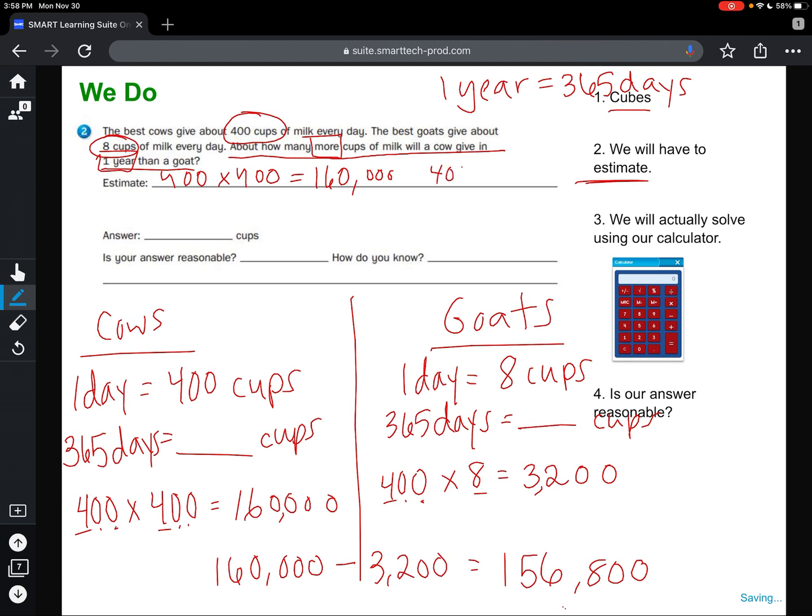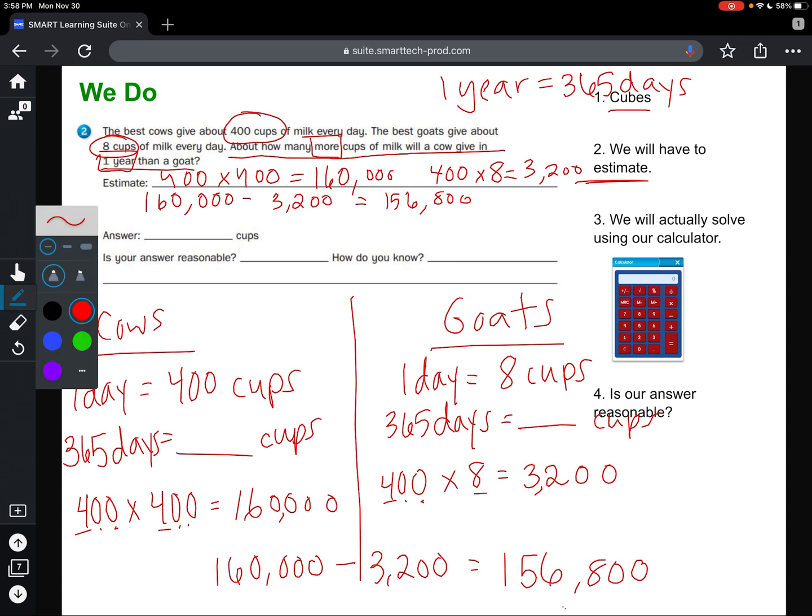Then I did 400 times 8 equals 3,200. Then the last step I did was 160,000 minus 3,200, and that got me 156,800. That's my estimate.